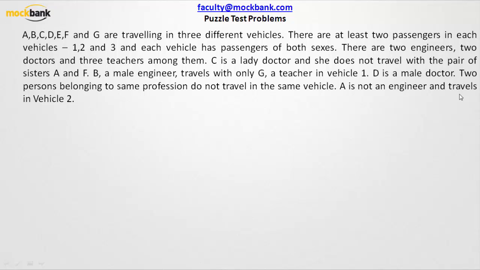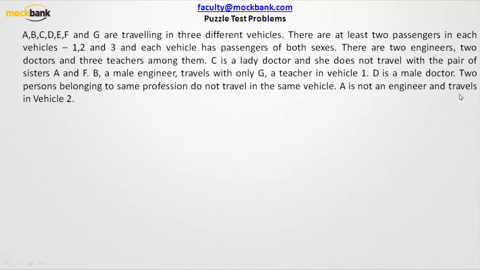That in the vehicle where 3 passengers are going to be there, these 3 passengers will come from different professions, and since only three professions are mentioned in this problem, doctor, engineer and teacher, it is very clear that the vehicle that is going to have 3 persons will have them from 3 different professions.